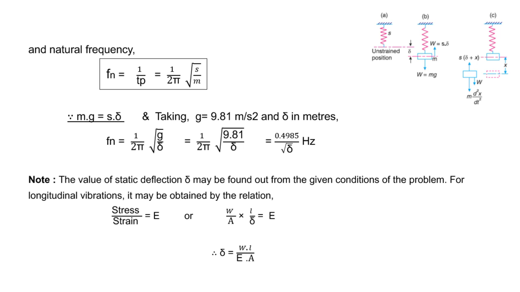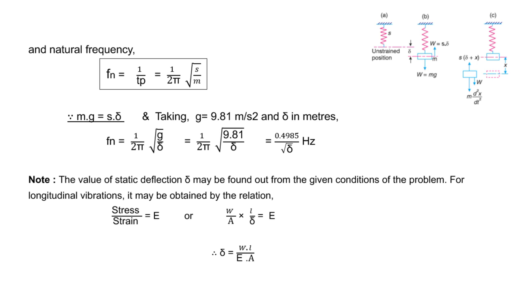Therefore in that square root value, instead of square root S by m, I can write g by delta, where g is 9.81. Put the value of g as 9.81. You will get the frequency value as 0.4985 divided by square root delta. This will also be a formula for natural frequency of longitudinal vibration.